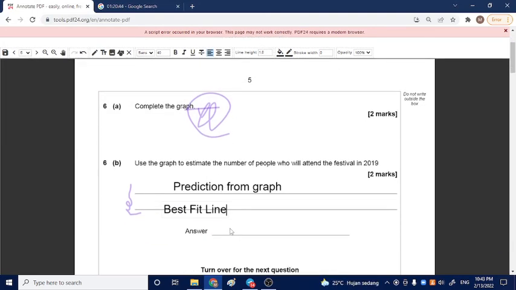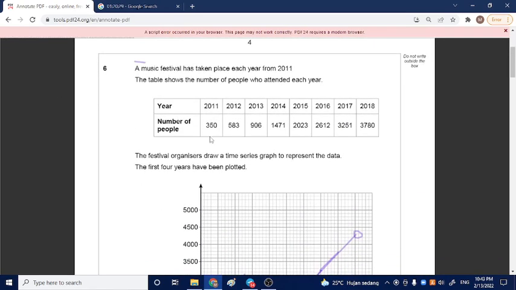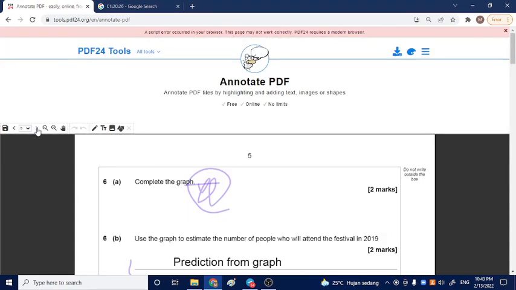Okay, so the answer would be, let's say, 4300, right? Yeah, rough estimate, should be okay. Yeah, that looks more like 420 to me. Yeah, let's go.